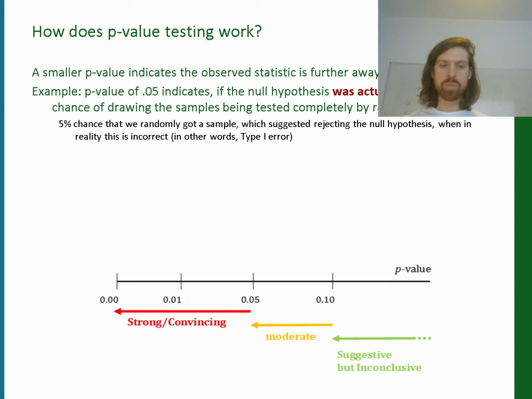This is one reason why some people don't like classical statistical testing: you could publish a paper saying an effect exists because you've got significant results, but there's still a 5% chance your results occurred completely by random, and you need to be very cautious when you interpret these results.